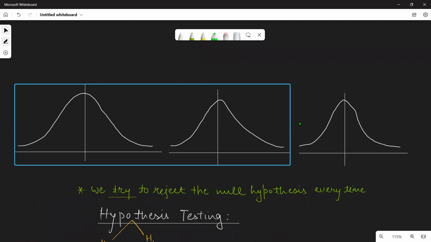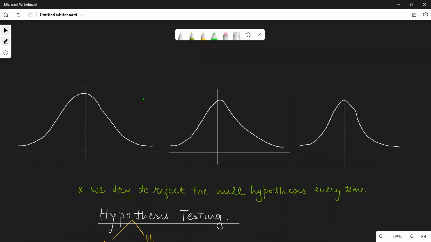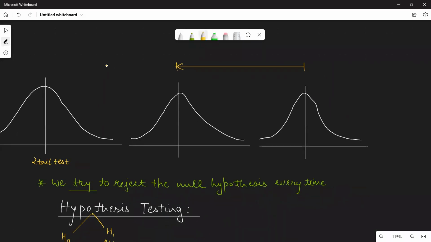Just assume that all three of them are of the same shape and size. However, they are not, but just imagine that they are. So let us say this is a two-tail test example that I'm drawing. And these two are one-tail tests. And when I say one-tail, we will have to specify whether it is a left-tail test or a right-tail test.